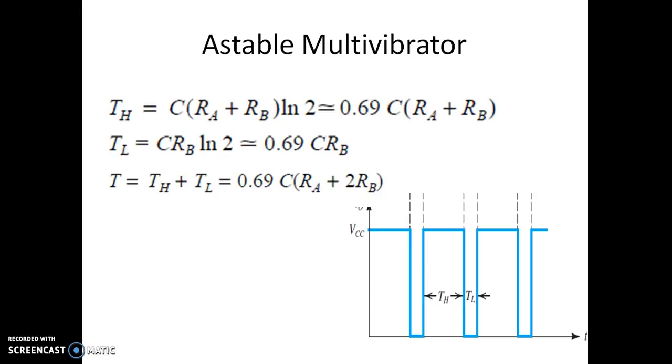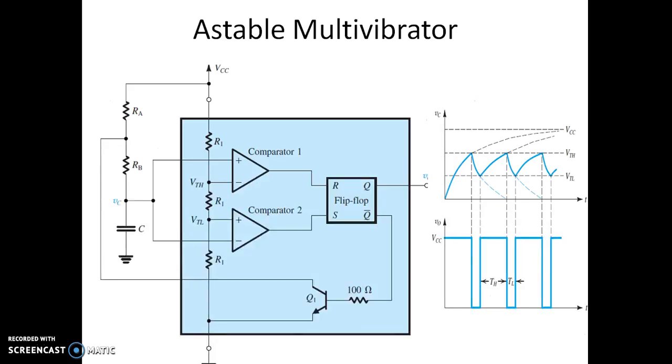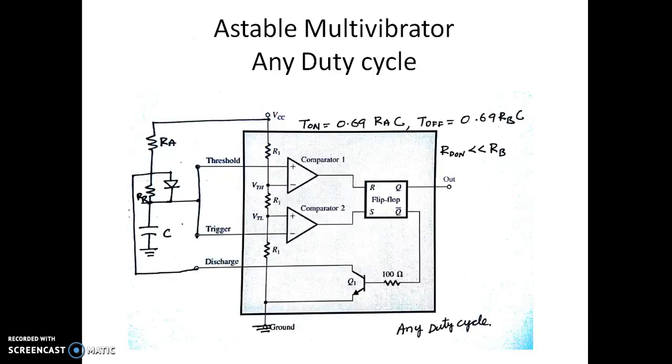We can get a duty cycle of 70%, 80%, 95%, 99%, anything you can think of. But it is not possible to get a duty cycle less than 50%. So this circuit has to be modified so that we can get a duty cycle of the desired value even less than 50%.